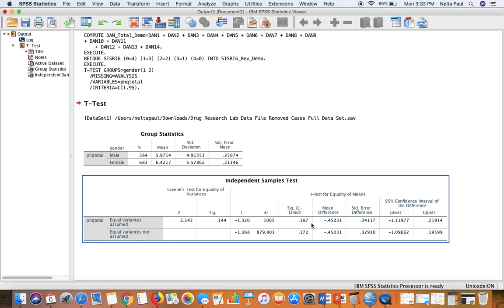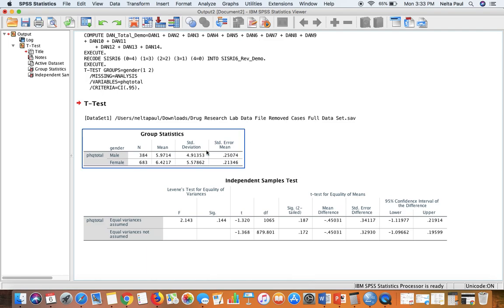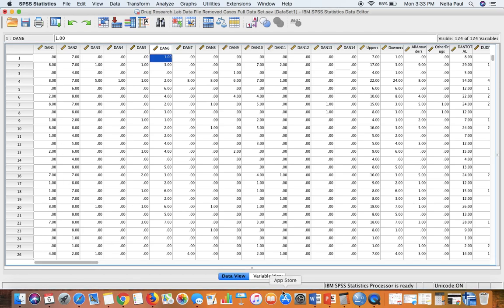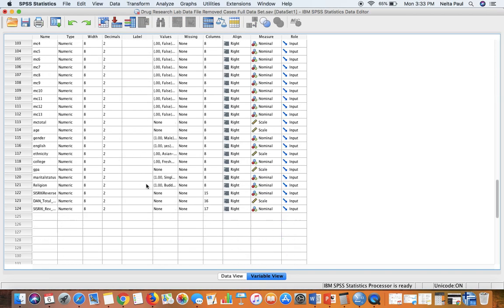Another example might be alcohol use. Let's see if across levels of college, there are significant differences in alcohol use. So I'm going to minimize the output, and I'm going to go into my variable view to find my groups.